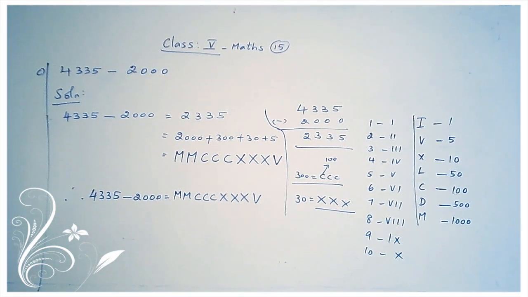C. 4,335 minus 2,000. Write neatly children.